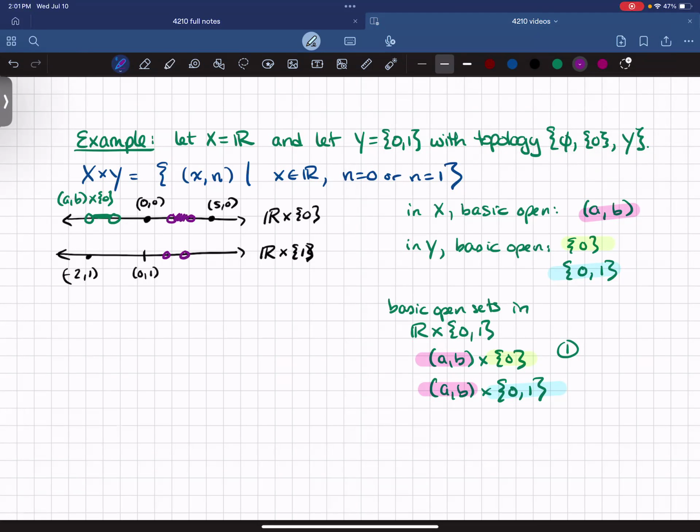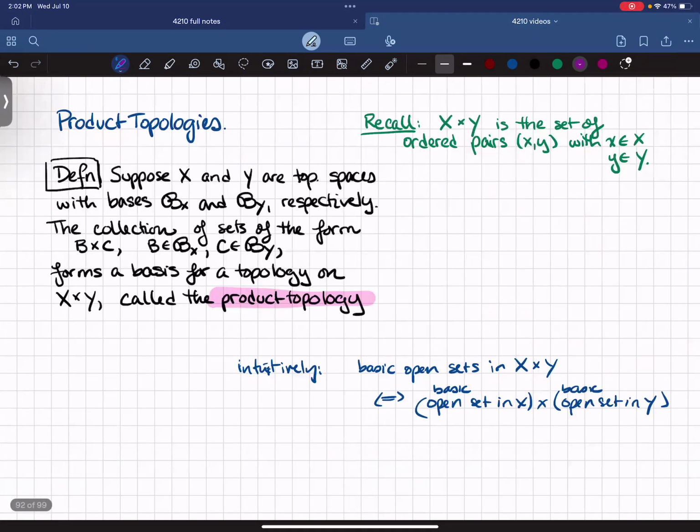It's like the interval from a to b, but on both copies of R. These two parts together are (a, b) cross {0, 1}. So those are the two types of basic open sets in this topology. All right, so that is the definition of a product topology and then one example. Thank you for listening.